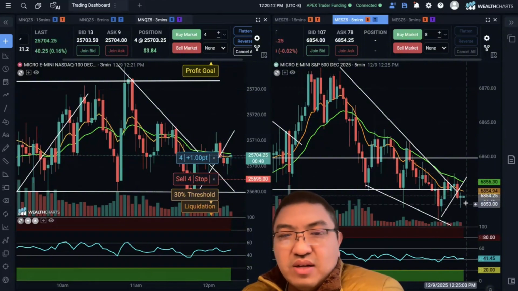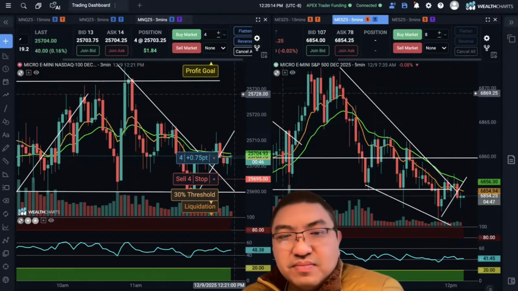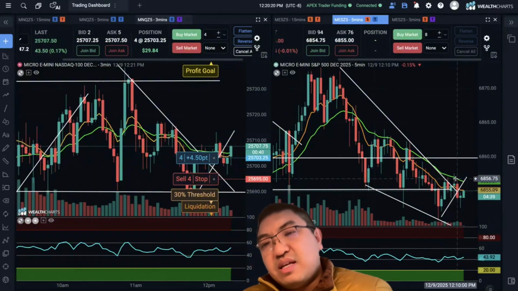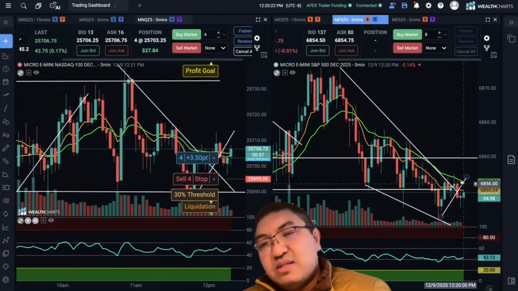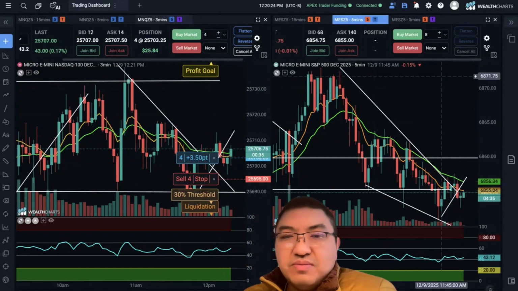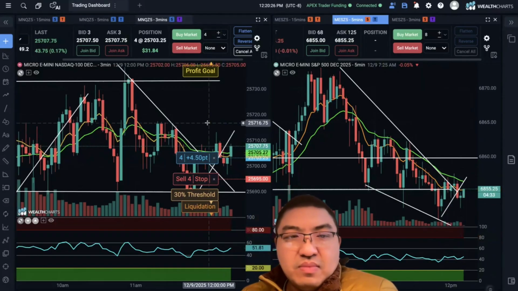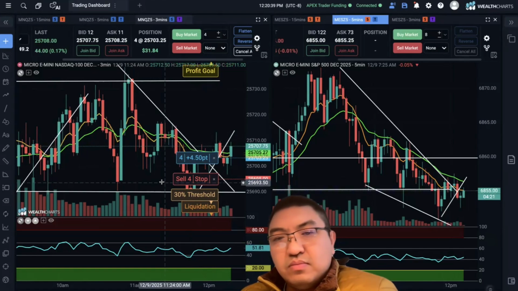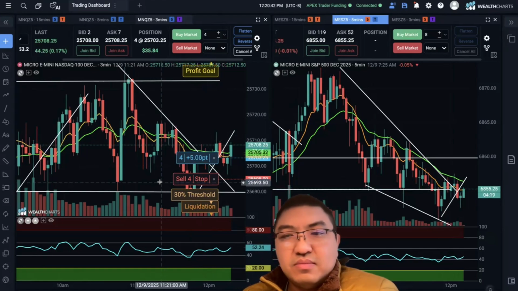Oh, it looks like a reversal. It really looks like it stepped out of the trend line, retested, and moved outward. Not easy. Keep going.